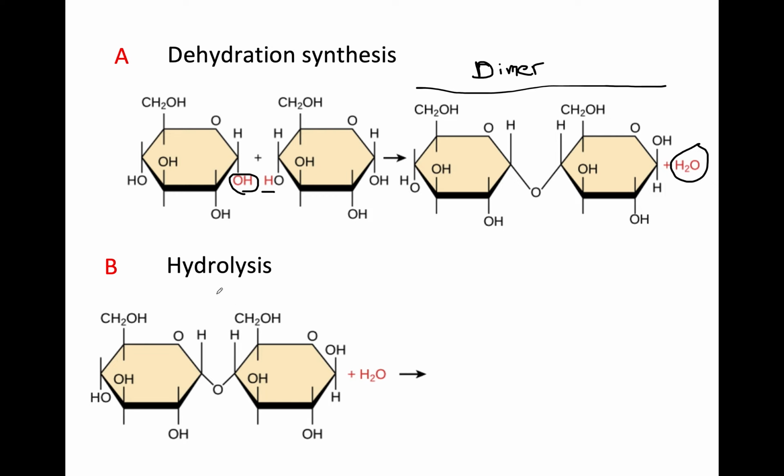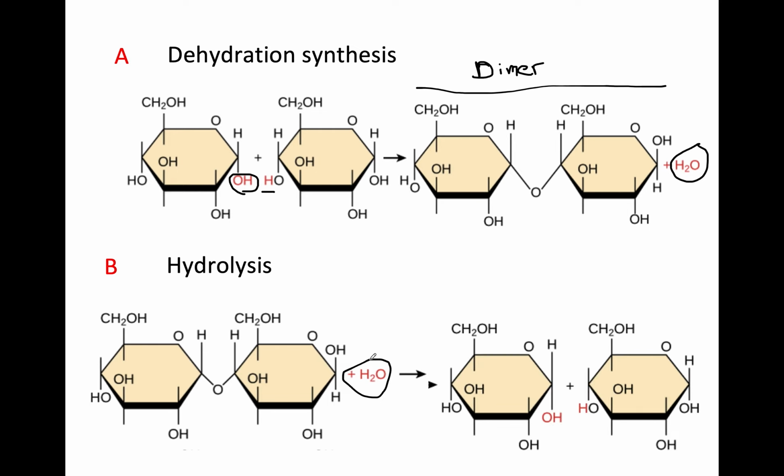So how do we break it down into its individual units so we can use these individual glucose molecules to make our stuff in our own bodies? Well, it's a hydrolysis reaction. It's the opposite of this one. So we're adding a water molecule, and then we're giving back these hydroxyl and hydrogens that we took from these monomers.